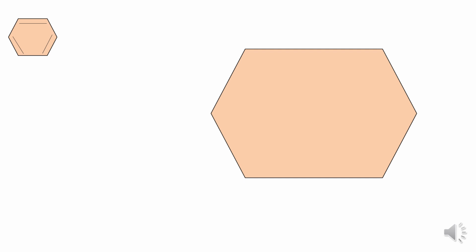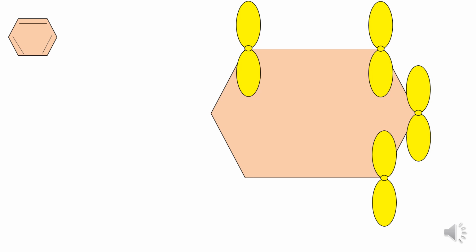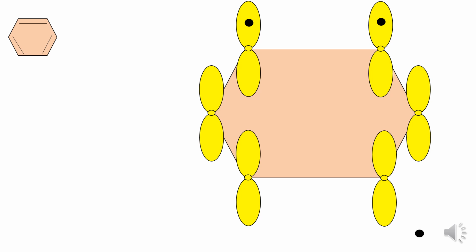Now each carbon atom in the benzene ring has a p orbital, and the p orbital contains one odd electron. These p orbitals present in the carbon atoms are perpendicular to the plane of the ring, that is, the sigma bonds linking the carbon atoms.